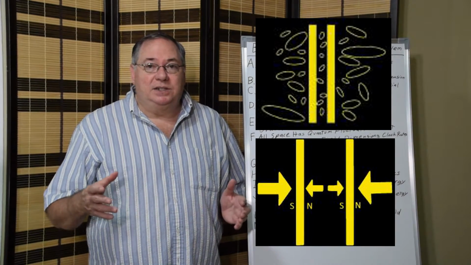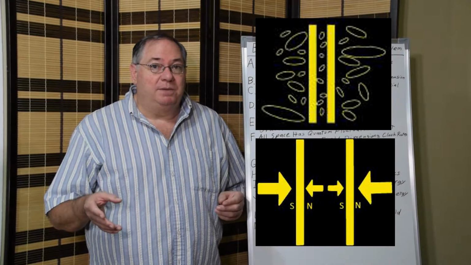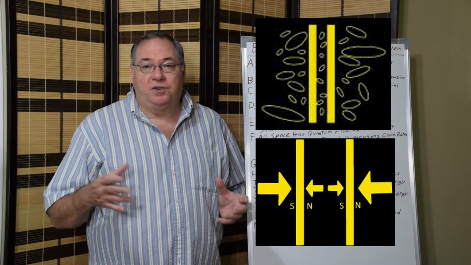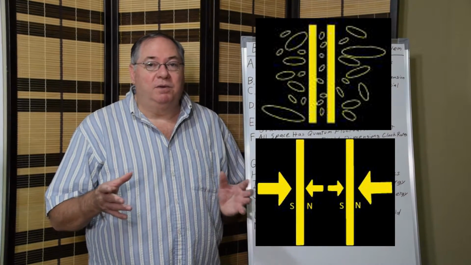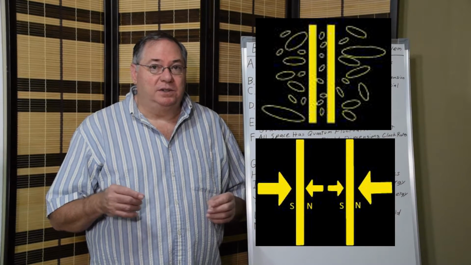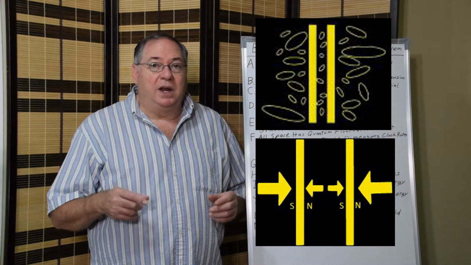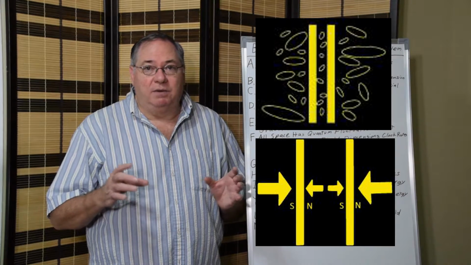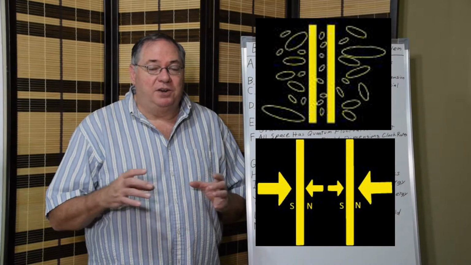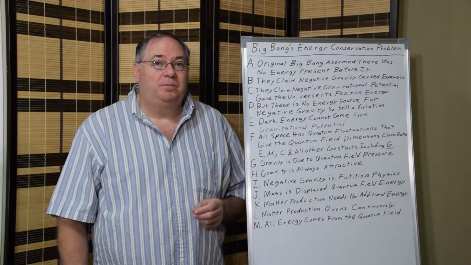In many cases with electrically charged objects, we have differentials in pressure due to electric charge polarity, whether it's attractive or repulsive, whether you have like charges or opposite charges, where like charges are repelled and opposite charges attract because they're pushed together.